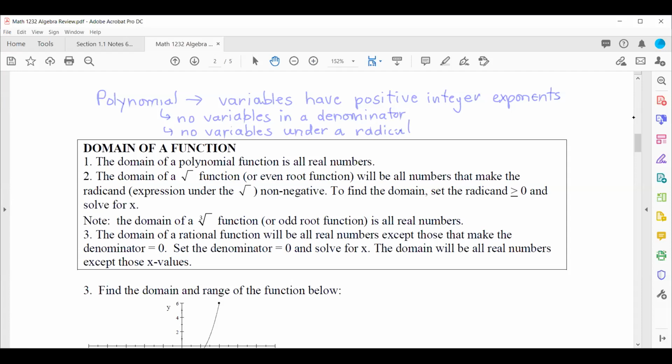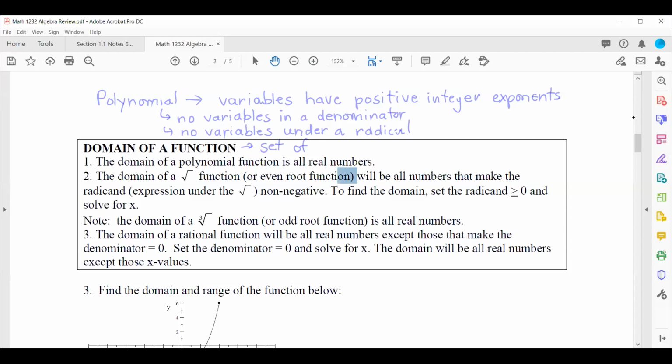And again, as you'll see throughout the course, those other types of functions are not the simplest case, starting right away with the domain.